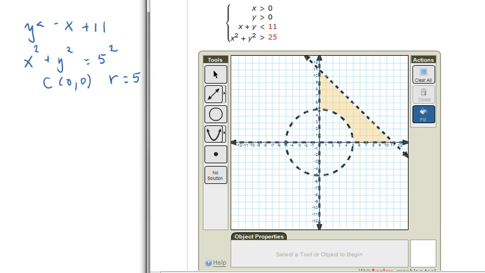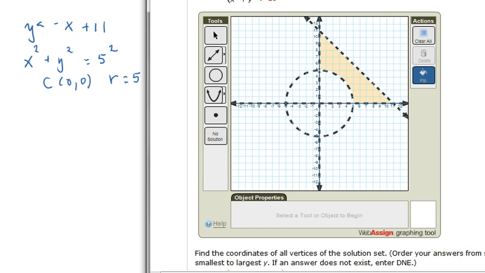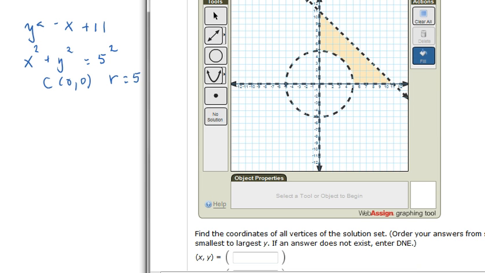And we're going to find all of the vertices. I'm going to start moving along around the region in the bottom left and go clockwise.